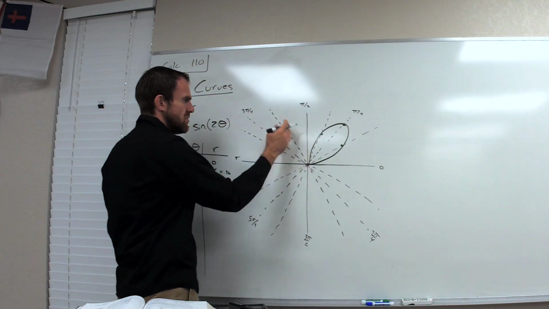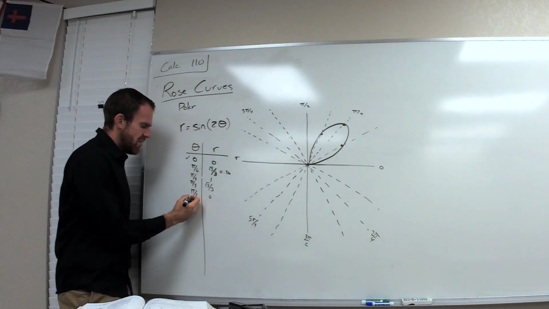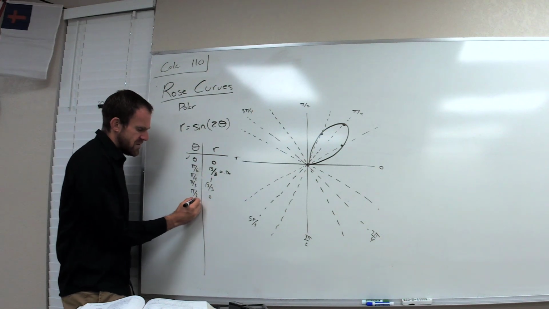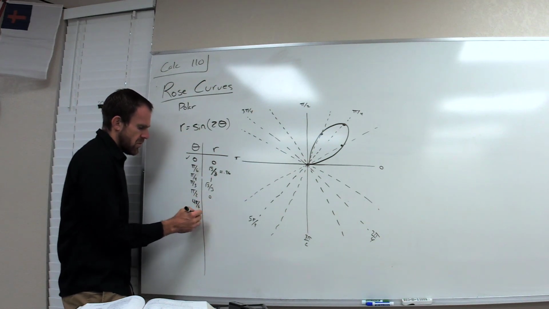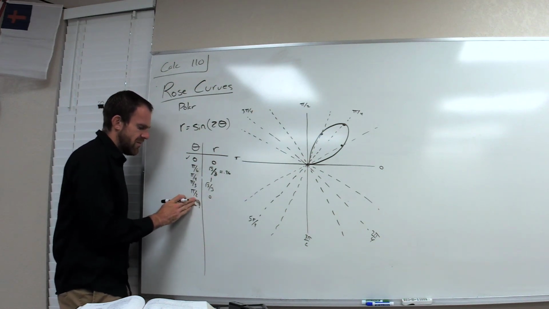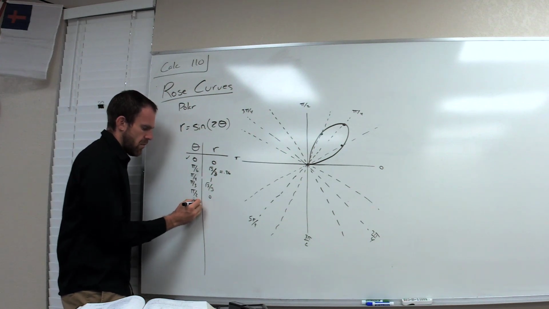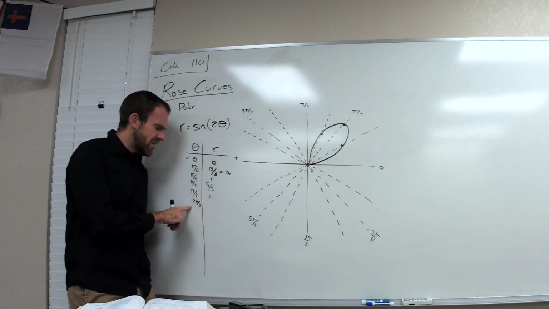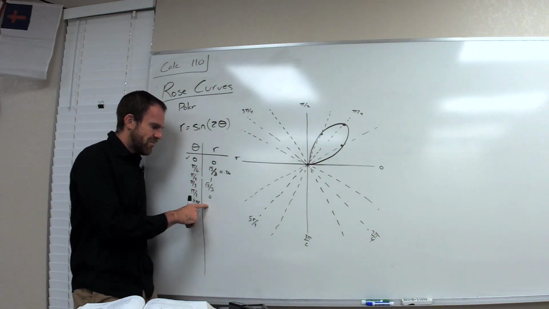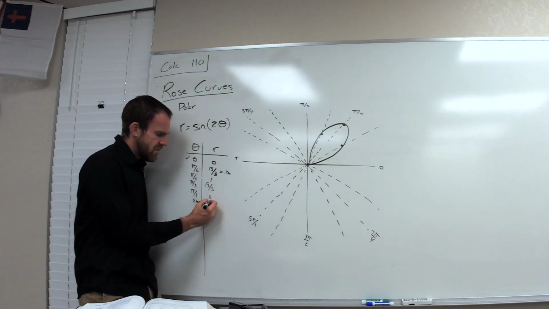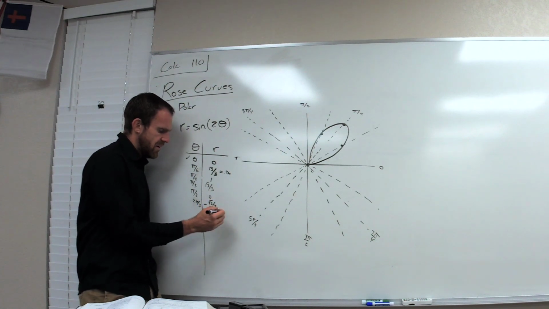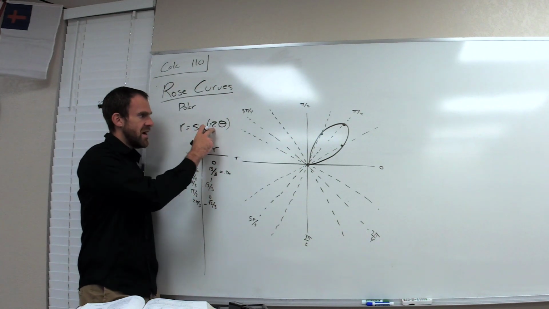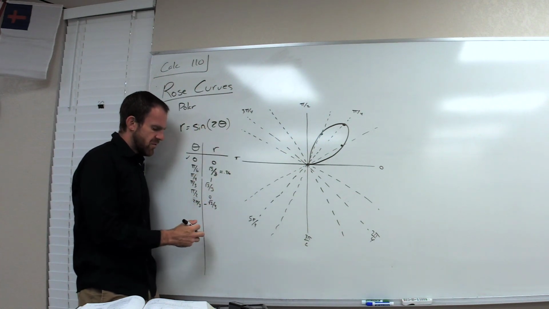You would think it would do this petal next. But if I plug in 4 pi over 6, or 2 pi over 3, which is my next angle, 120 degrees, I actually get negative root 3 over 3, because if I multiply this by 2, sine of 4 pi over 3 is negative root 3 over 3.